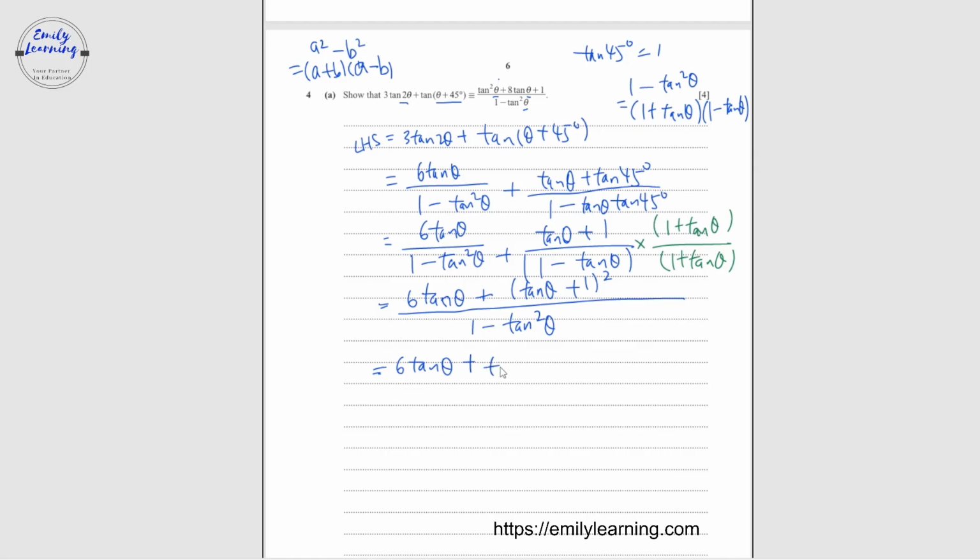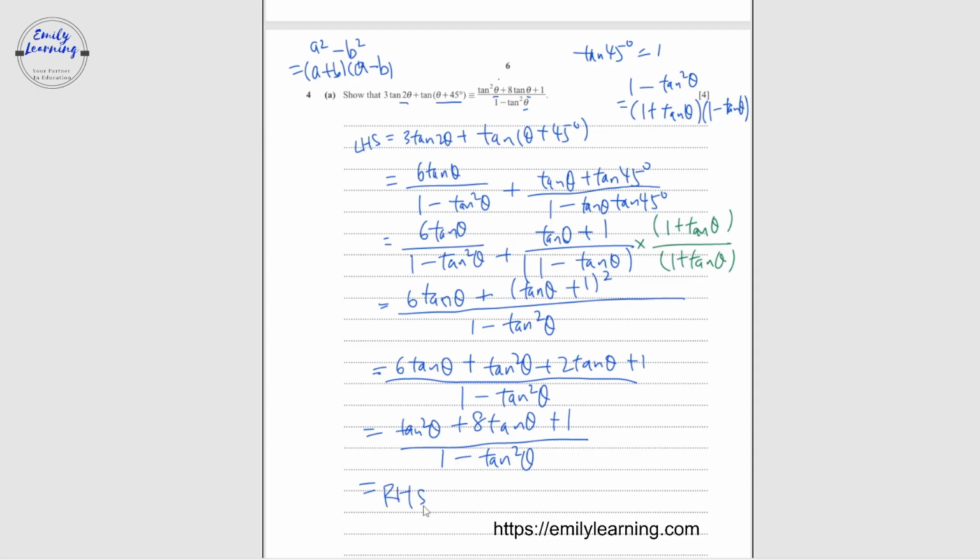Expanding this, I get tangent squared theta plus 2 tangent theta plus 1. Make it the same as what we have here. I'll first write tangent squared theta. Then next I add the tangent theta terms: 6 tangent theta plus 2 tangent theta gives me 8 tangent theta. And finally plus 1, over 1 minus tangent squared theta, which equals my right hand side. So I have proven this already. Because they asked me to show, I'll just write shown.